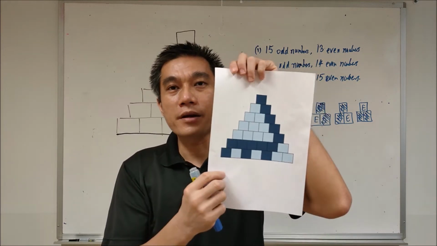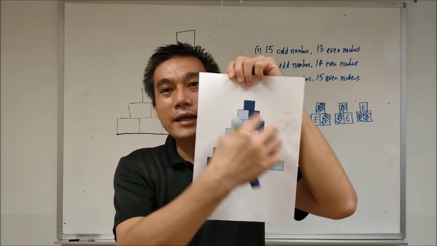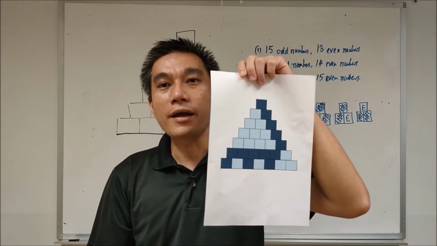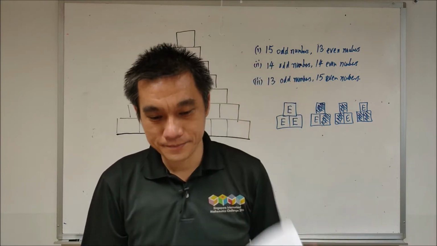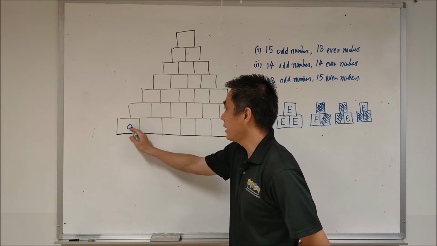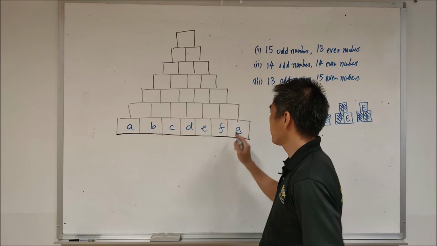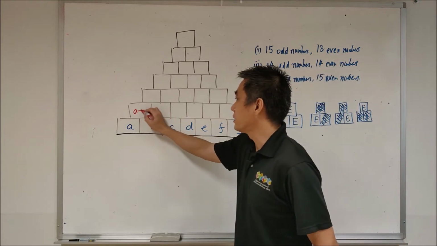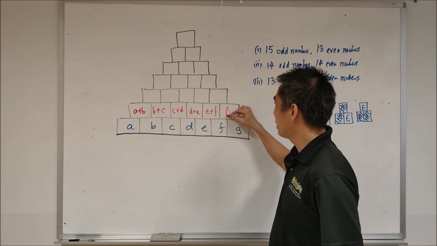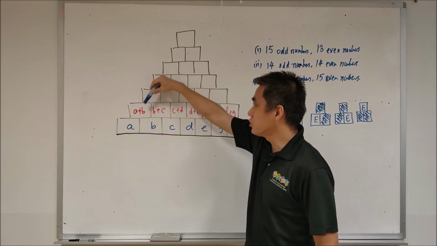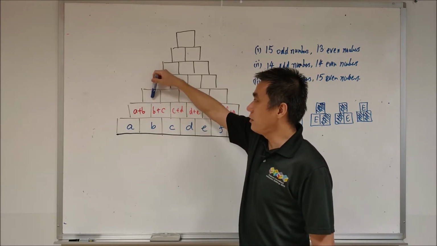Number one, the parity of the number of odd numbers in the bottom layer and the two side layers are the same. And the parity of the bottom layer and the whole figure still remain the same. We start by saying that this is A, B, C, D, E, F, and G. Using the rules, we know that this should be A plus B, B plus C, C plus D, D plus E, E plus F, F plus G. For this box, it should be A plus 2B plus C. But we are only concerned whether this is an odd or even number.